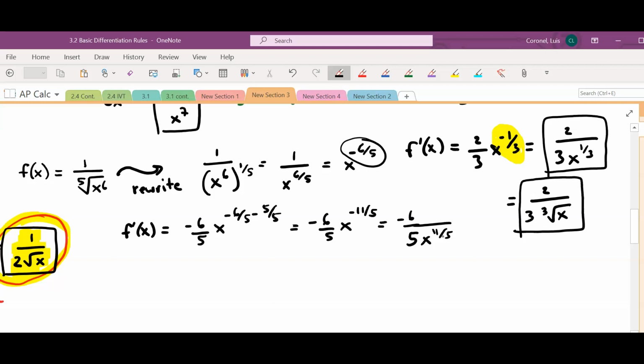It's a positive exponent, but we're just going to write this a little more math appropriate. So let's continue right here. You have negative 6 over 5.